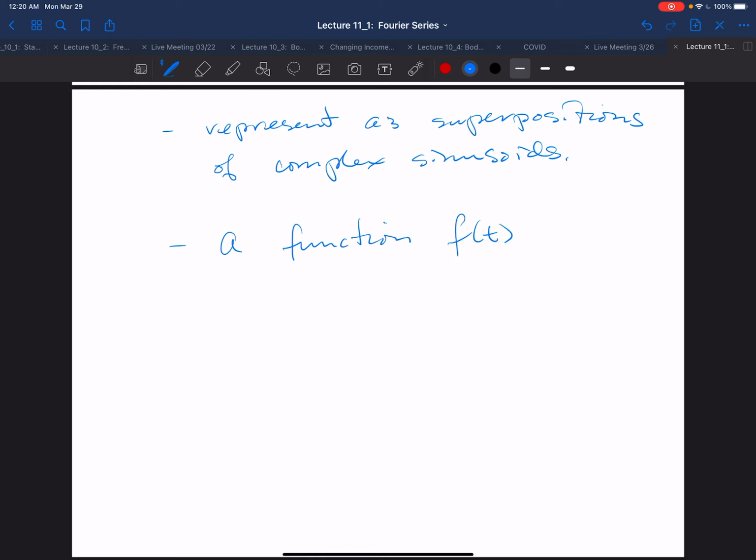We say that a function f of t is periodic with period capital T if f of t plus capital T equals f of t for all little t.